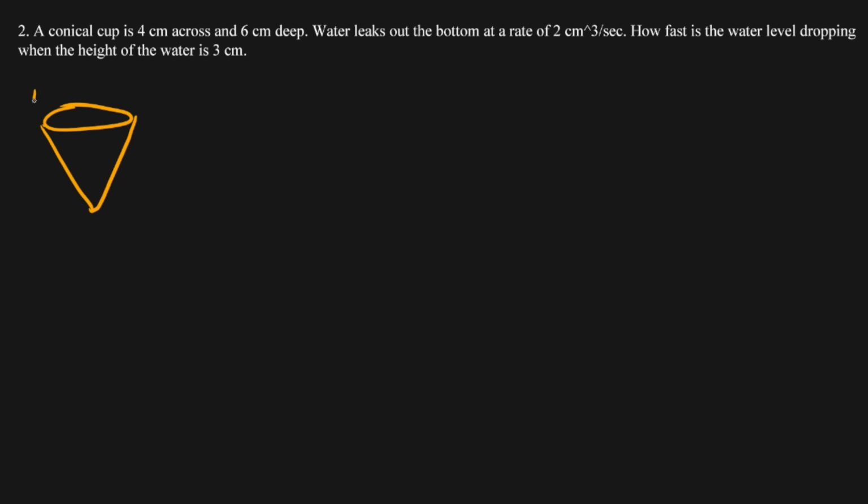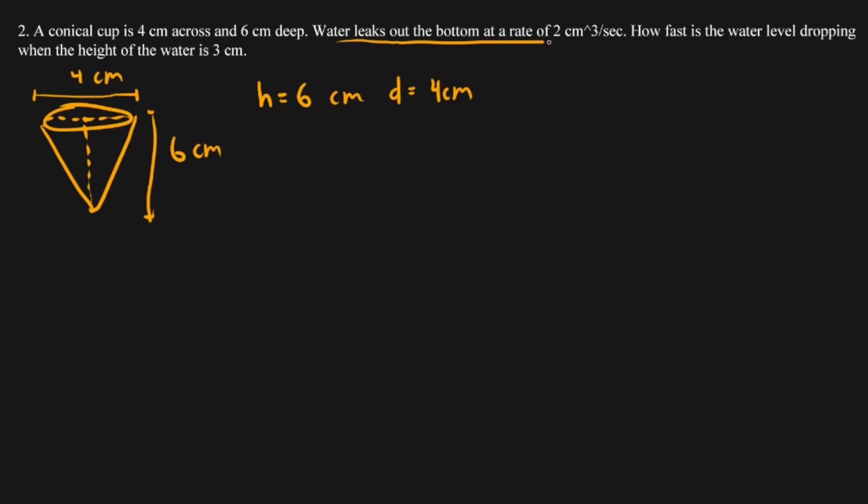We're given that it is 4 centimeters across and 6 centimeters deep. So the height is 6 centimeters, and the diameter is 4 centimeters. And the water leaks out of the bottom at a rate of 2 centimeters cubed per second.